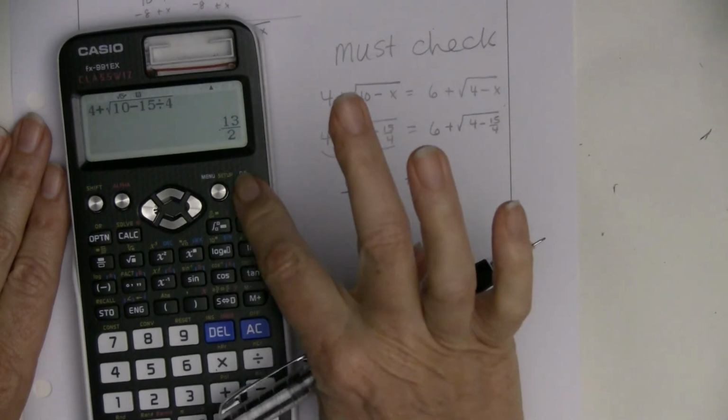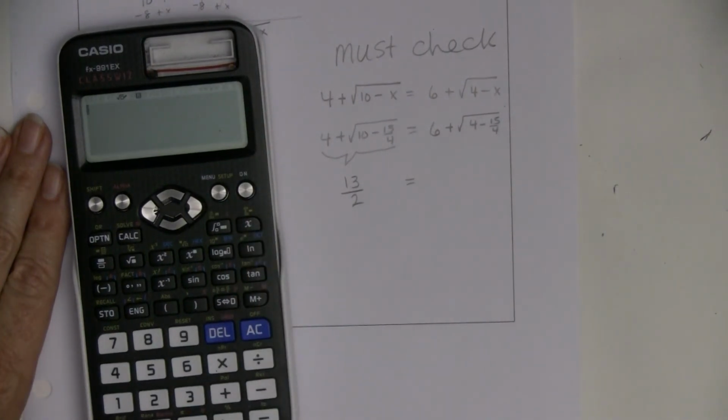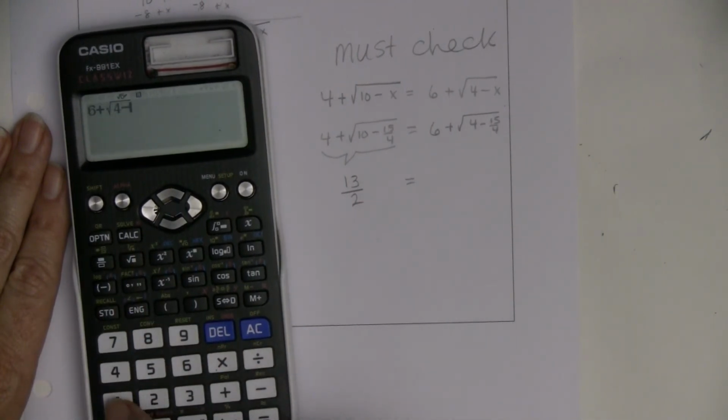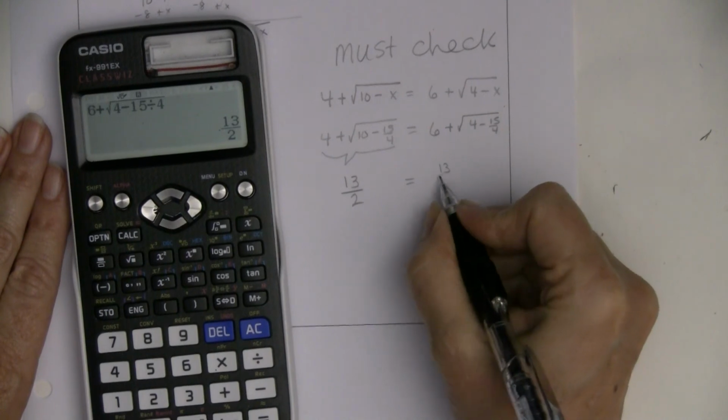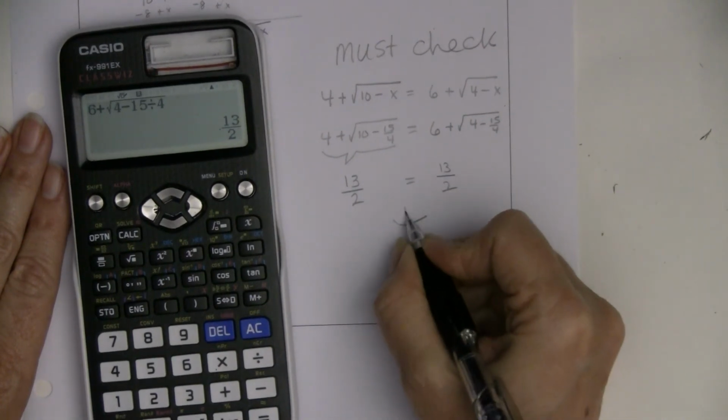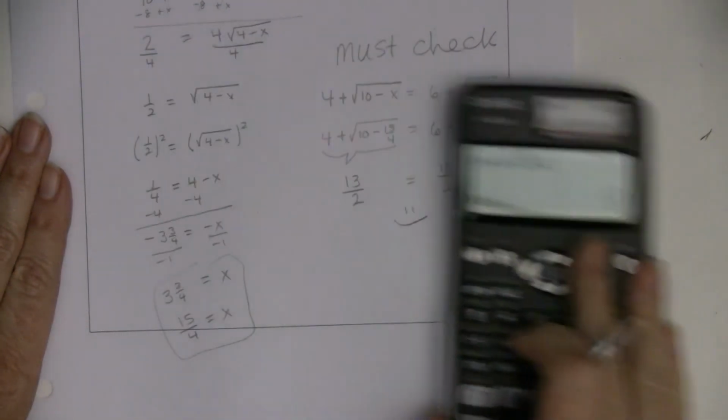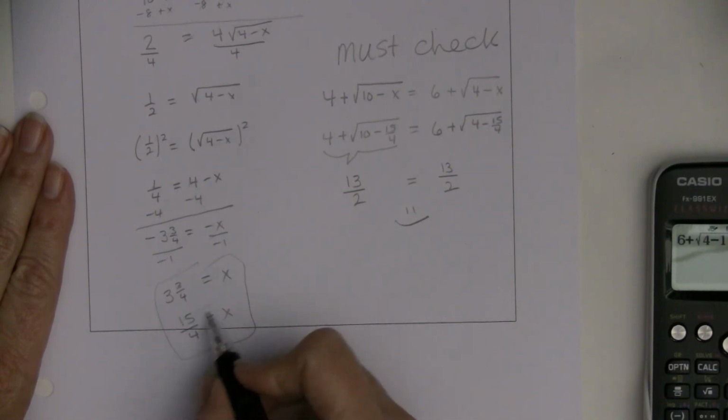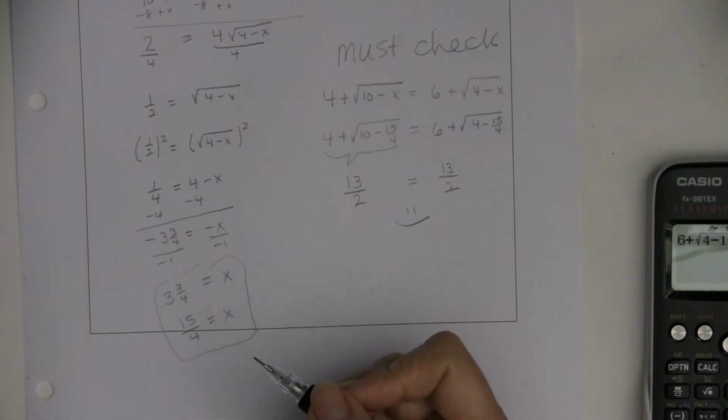And if it's not 13/2, then I'm going to check and make sure I didn't make any mistakes, right? But it might be that it's an extraneous solution. 15/4. But it is. Hot diggity dog. So that means that this 15/4 or 3 3/4 is a good answer.